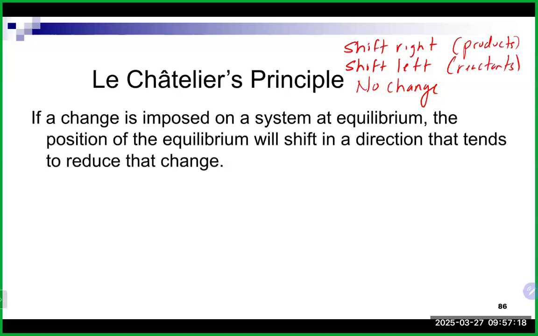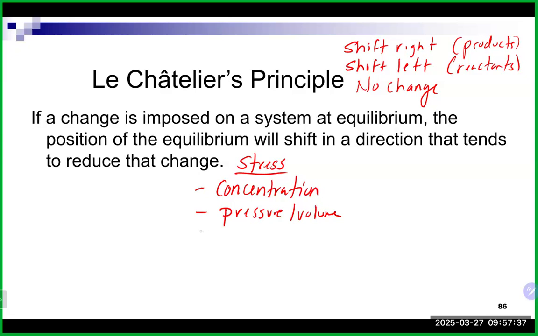So what are the stresses that we could do to a system at equilibrium? There are a few. There are things that involve concentration. We could do something that involves the pressure or the volume. We could do something that involves the temperature.